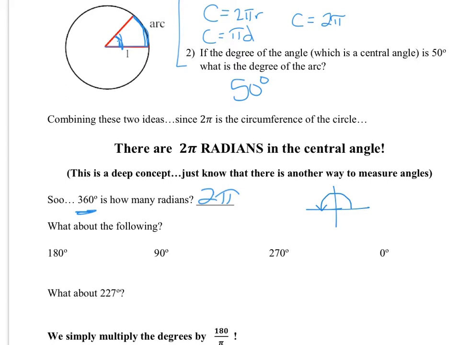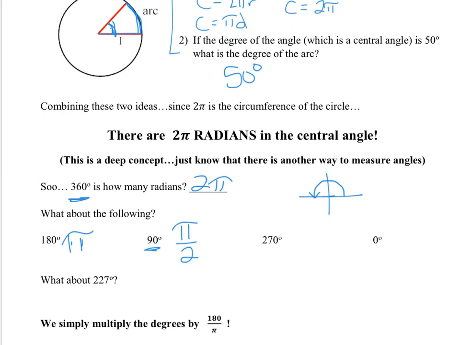So half of 2 pi would be just plain old pi. Okay, 90 degrees. That's half of that, so that's pi over 2. This whole thing is just pi, so if I only go halfway, it's half of a pi, or pi over 2.